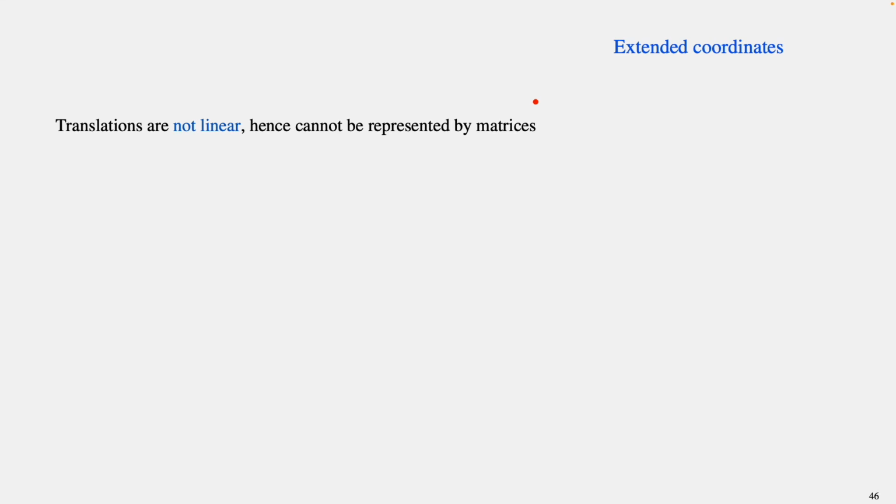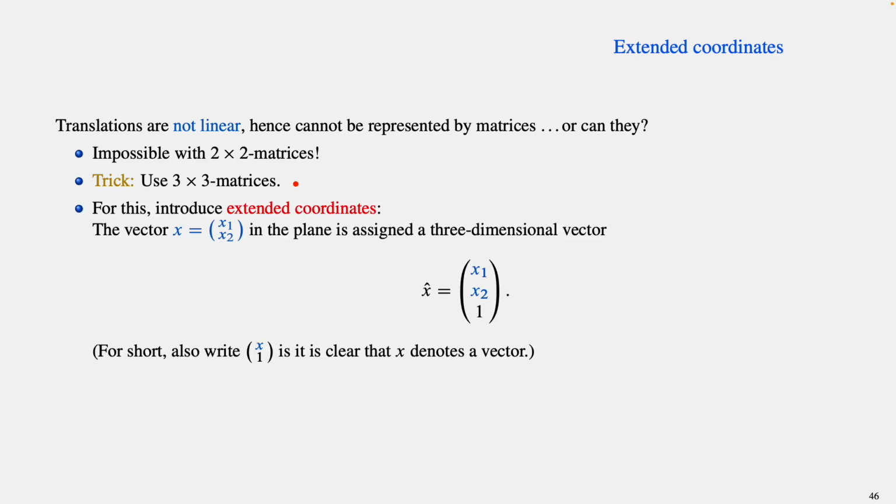So if we want to represent anything by a matrix, it would have to be a linear map. Or does it? Well, we can't use 2x2 matrices to represent affine transformations, but in fact we can use a nice trick with 3x3 matrices to represent affine transformations. And for this we introduce the so-called extended coordinates.